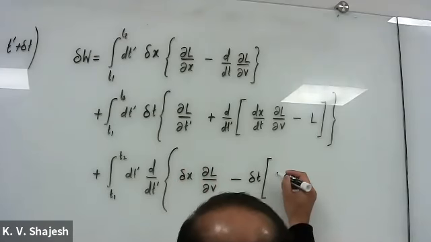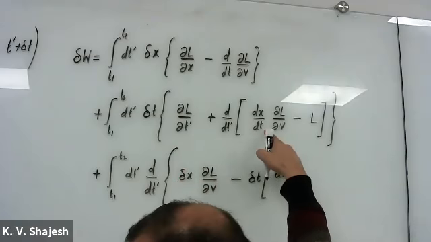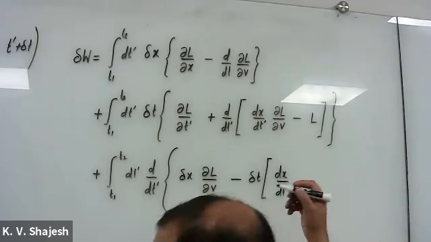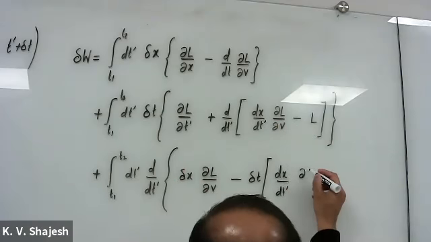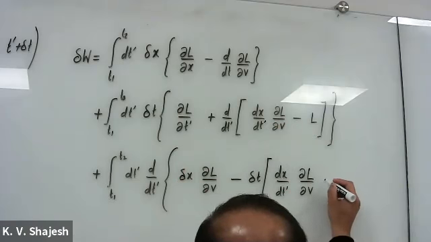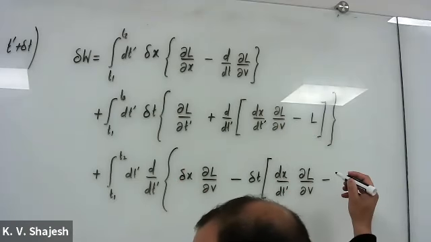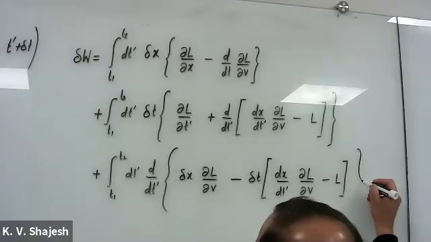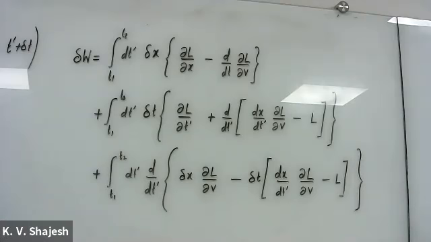So this is dx, or by the way, this was t prime, dx/dt prime, all times ∂L/∂v minus L. And that covers everything. Okay, so reorganizing those terms.